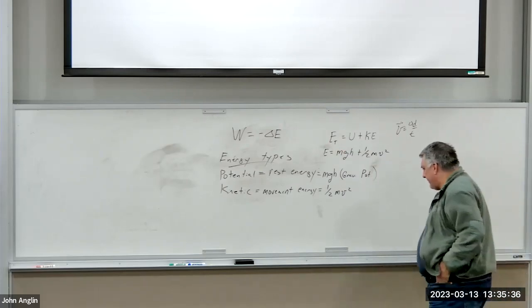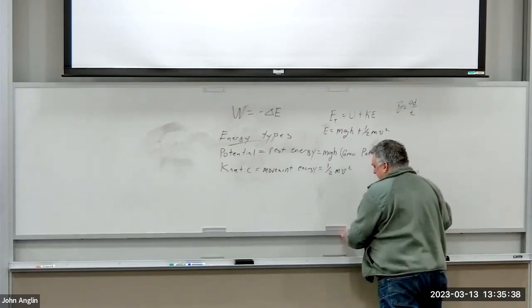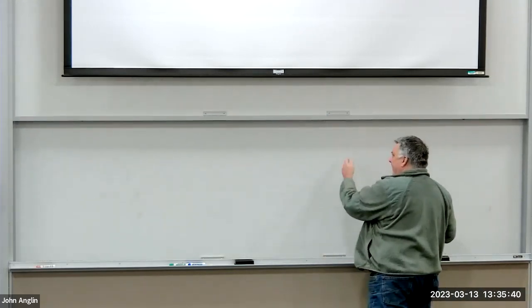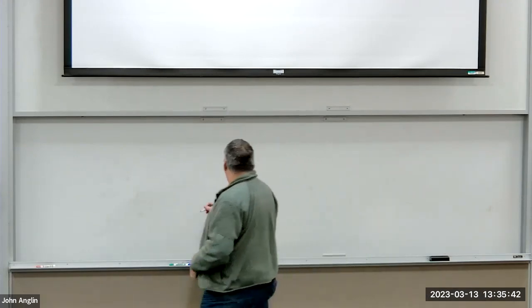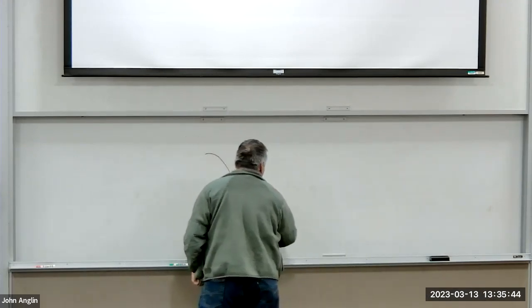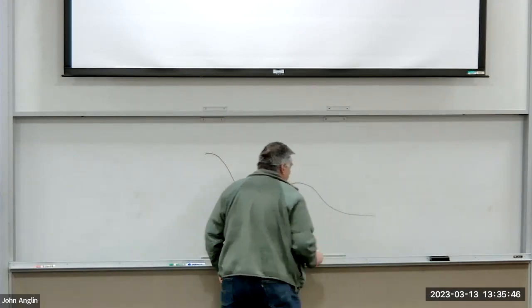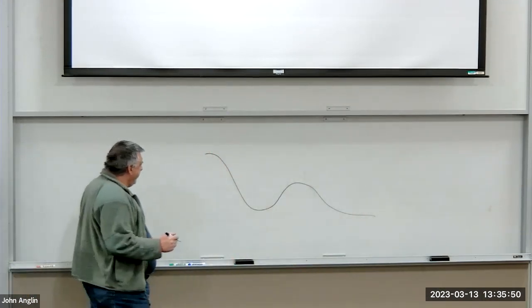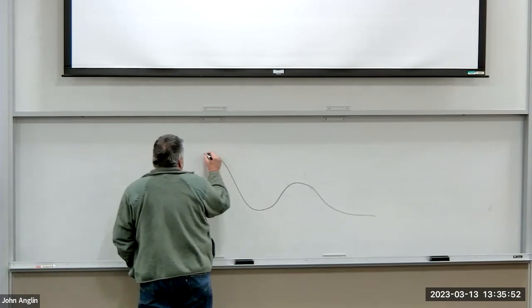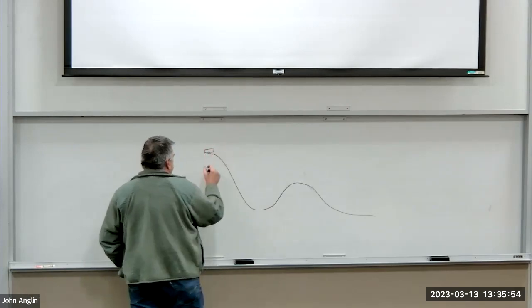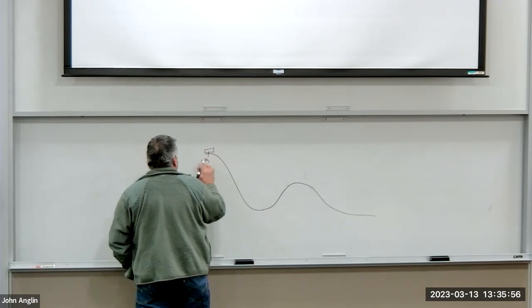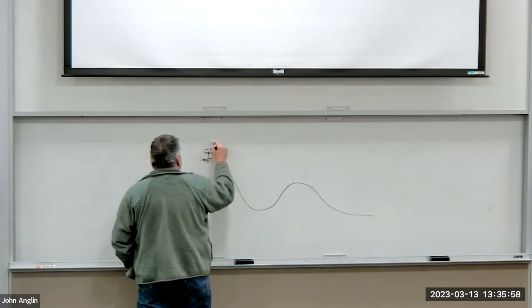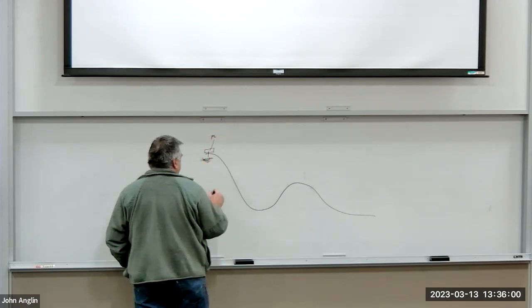Let's look at the roller coaster problem. So we have a roller coaster track, and we have the roller coaster car at the top of the track. It's got some weight because it has a mass.